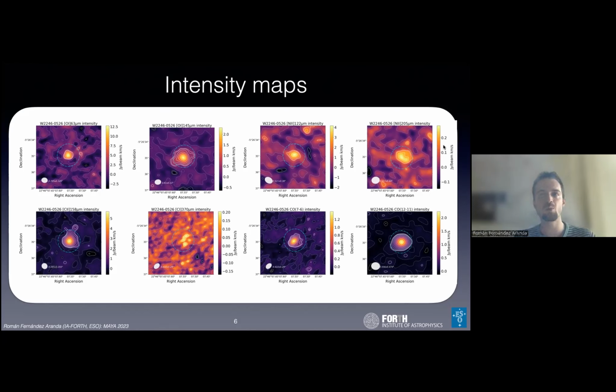So first we were not including the CO lines because they are high transitions, and in principle it's not that easy to model this. But as I said, if we include them in the modeling, it completely changes the results. Also, if we look at the best model that we're finding, and we look at the emission of each of the lines through the cloud, we don't detect the molecular gas.